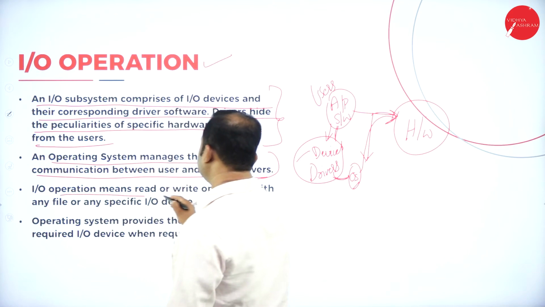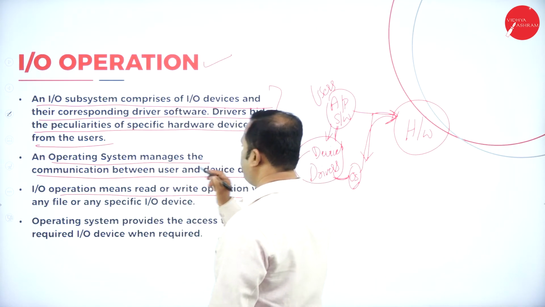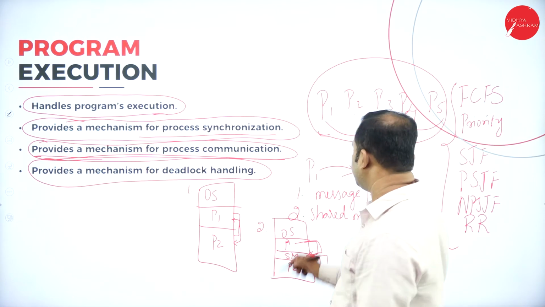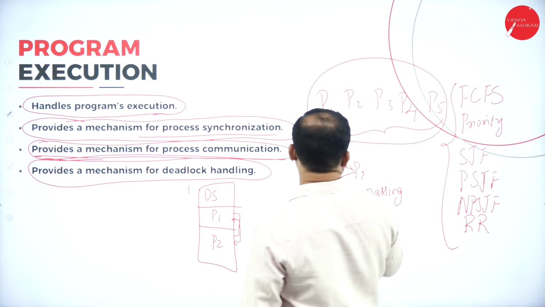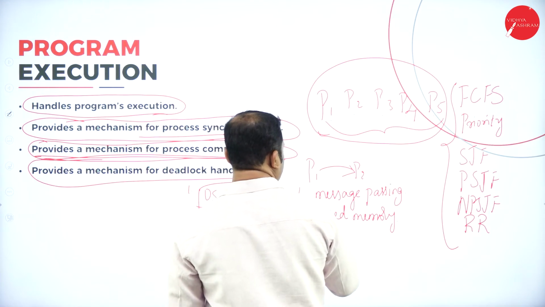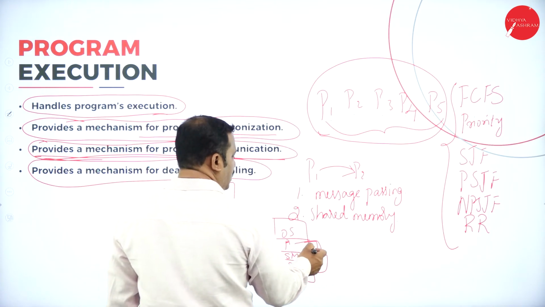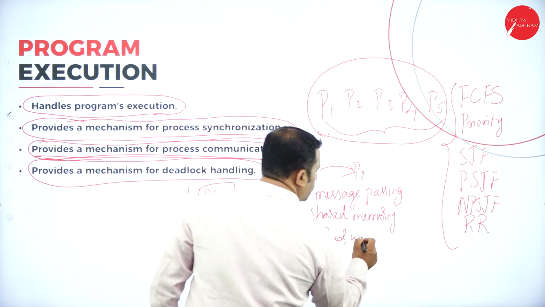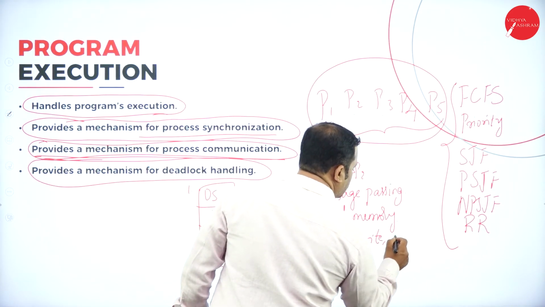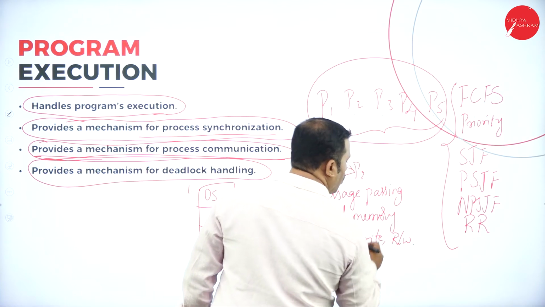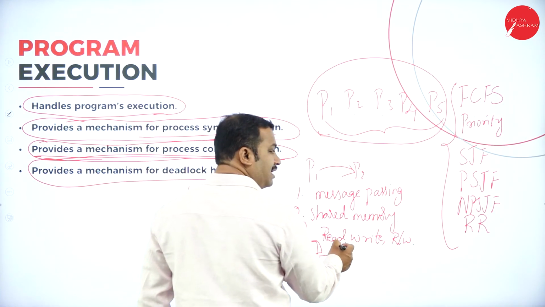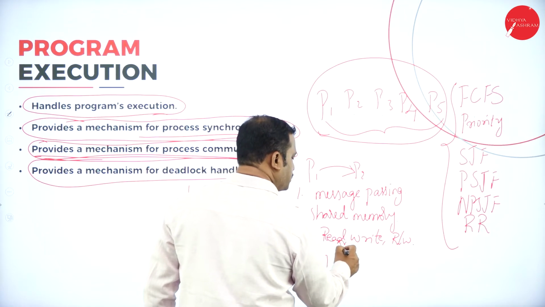I/O operation means a read or write operation with any file or any specific I/O device. As I have already told you, if one of the processes wants to write anything into any of the shared area, it must have got the permission, that is read permission, write permission, or read-write permission. All these are required. In some cases, a few of the processes are permitted to perform only read operation.